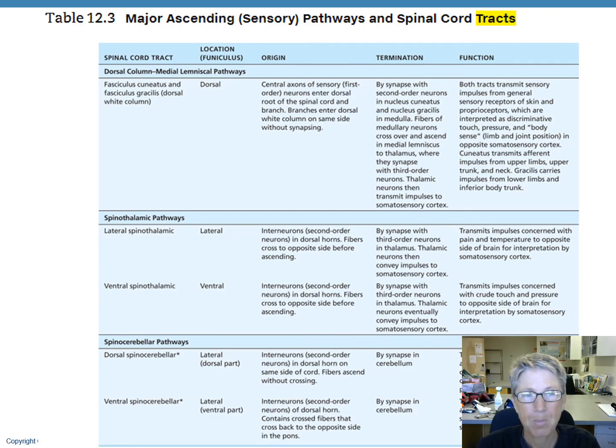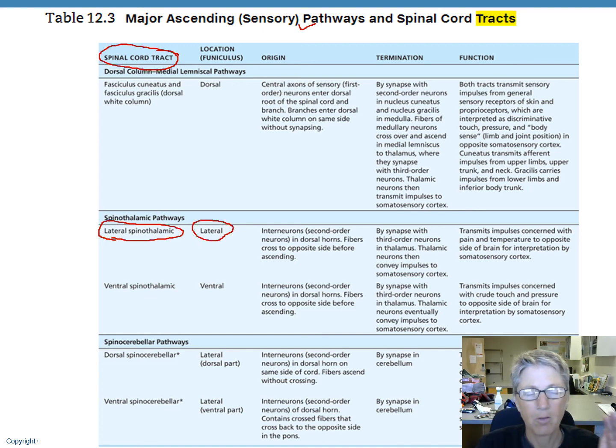This is just a table that shows the major ascending sensory pathways. In this column, it gives you the spinal cord tract. So for example, the lateral spinothalamic tract, its location is in the lateral horn of the cord.